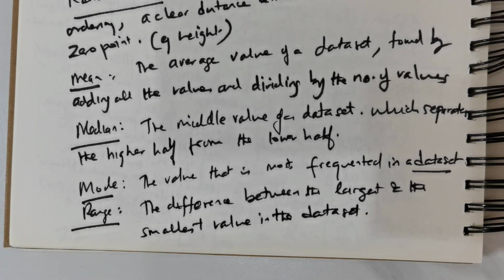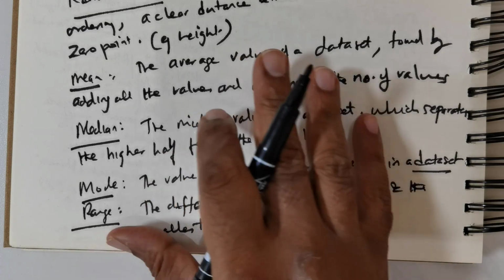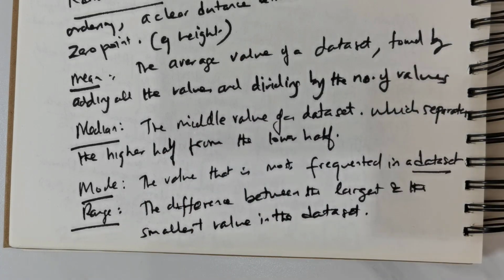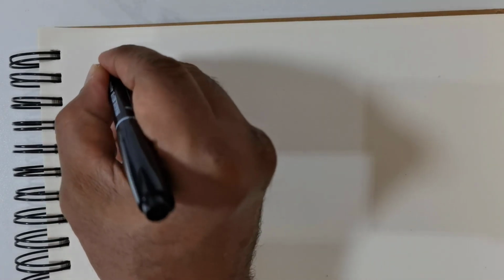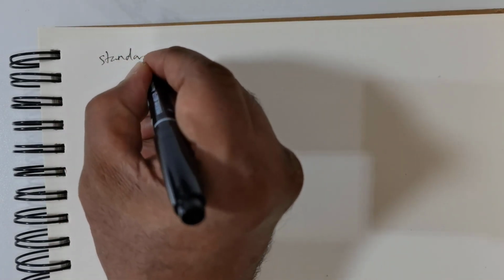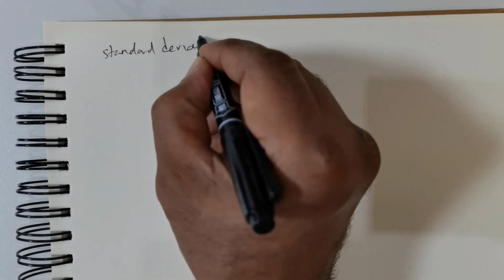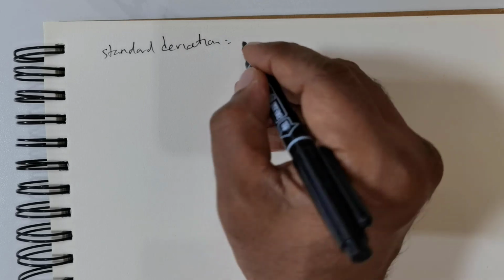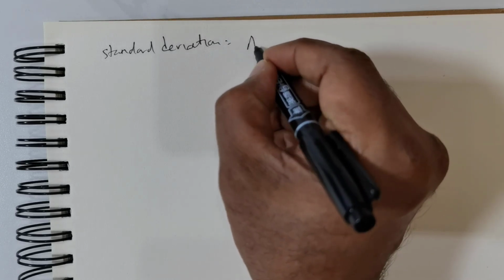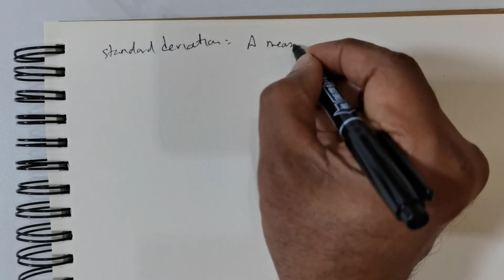Now after the term range, we got what is called the standard deviation. Now let me go to the next page and give the term standard deviation, a very important concept. Now what is standard deviation? This is a quantity, you can use the word measure.